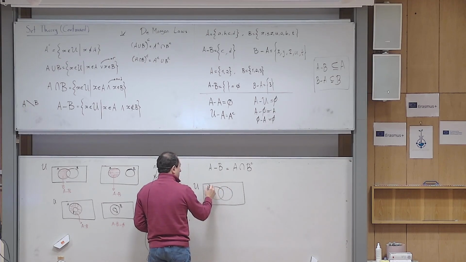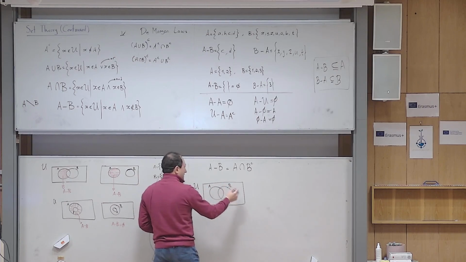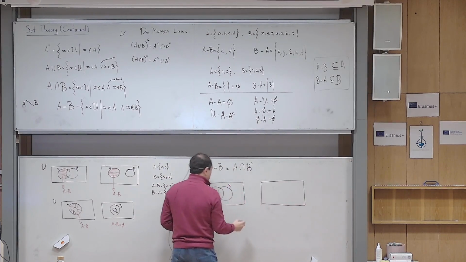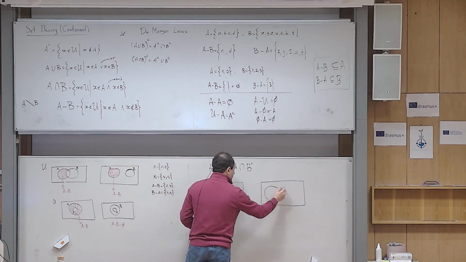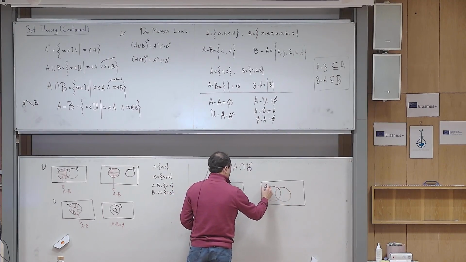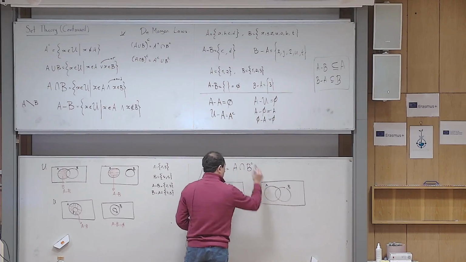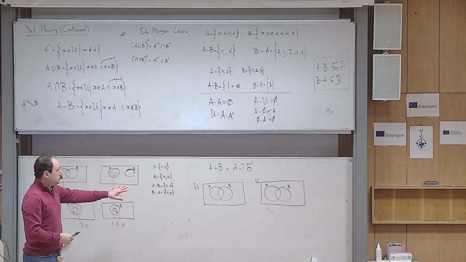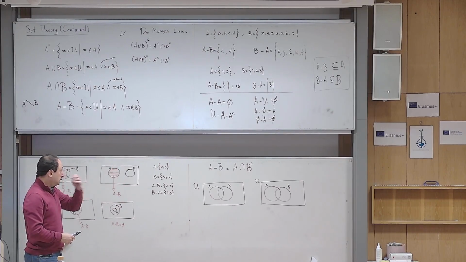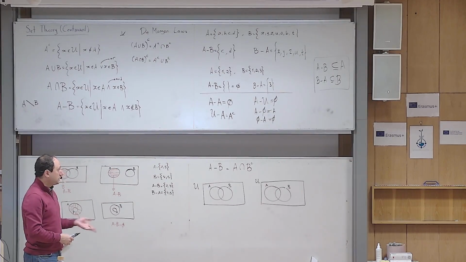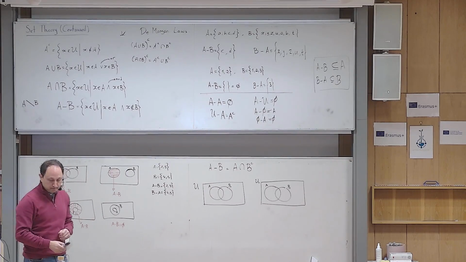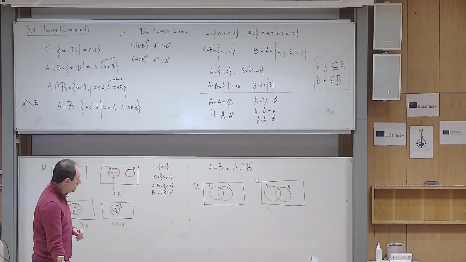Drawing identical diagrams by hand is not an easy task, but let us better pretend that these are identical. On one diagram, I highlight A minus B. On the other diagram, I highlight A intersection B complement. And then we compare them.